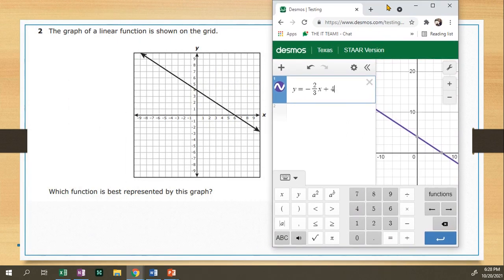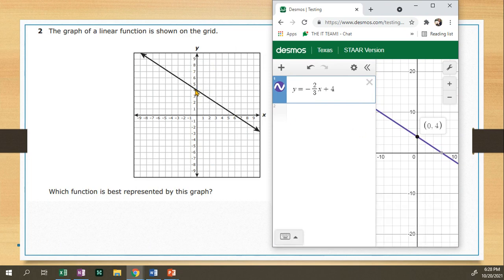And now I'm going to click on a couple of points to compare. And I can see the point 0, 4. That's beautiful because that's 0, 4. And right here I can see the point 6, 0. And that's beautiful because this is the point 6, 0. And this is our answer. y equals negative 2 over 3x plus 4.